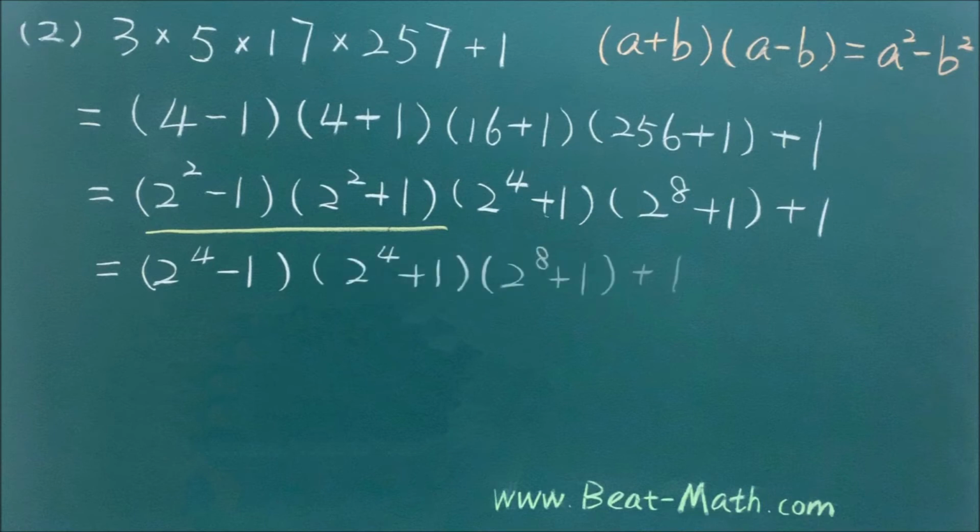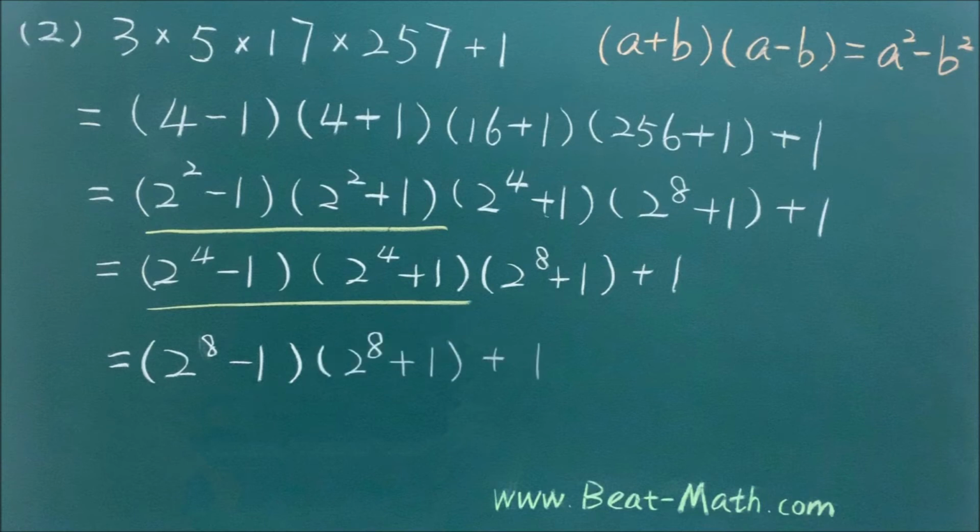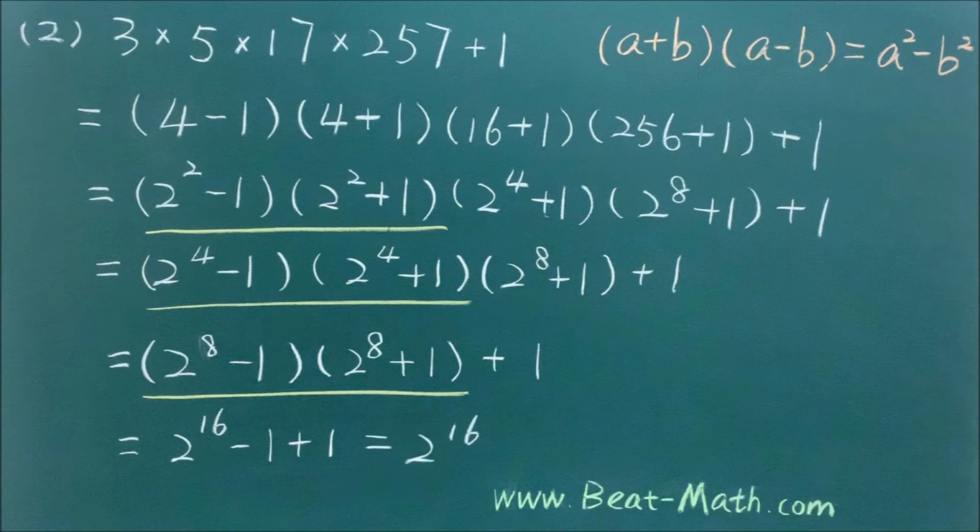Now you can see we can use this formula again. (2 to the 4th power minus 1) times (2 to the 4th power plus 1) equals 2 to the 8th power minus 1. Using the formula again, we get 2 to the 16th power minus 1 plus 1. So the final result is 2 to the 16th power.